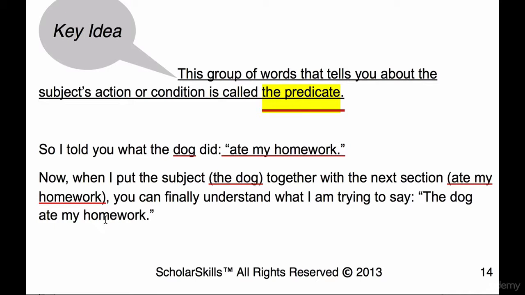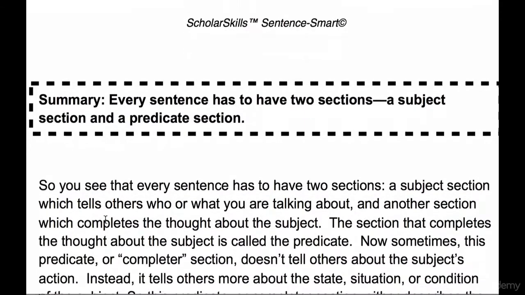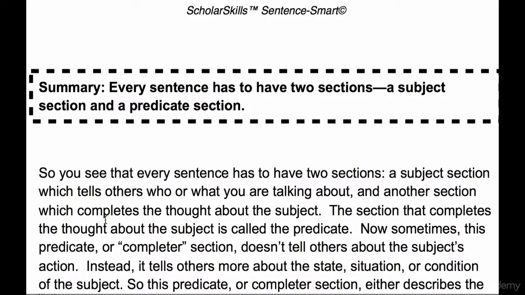So you see, in English, you have to have a subject and a predicate, two parts of the sentence, in order to make complete sense. Here's our summary then. Every sentence has to have two sections, a subject section and a predicate section.